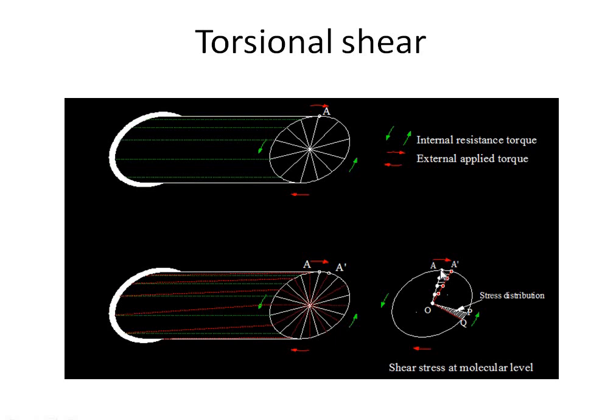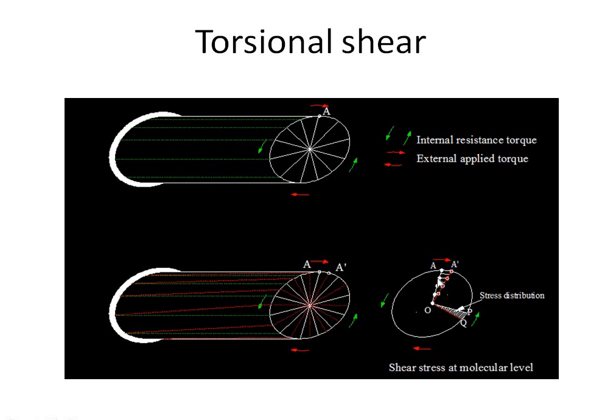now the point A has moved from A to A dash, right? Similarly, the adjacent layers of molecules present along the plane OA have now shifted. Now visibly we can see the difference. From A it has moved to A dash, and at O there is no change at all, and when we are moving from A dash towards O, the distance of movement of each and every molecule is decreasing, and finally at O there is no movement.